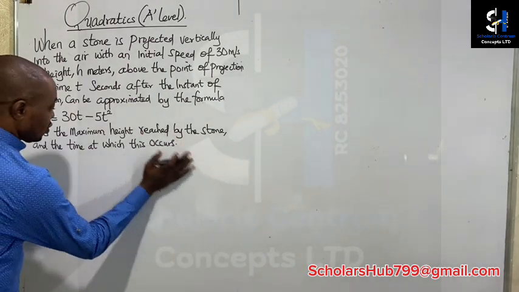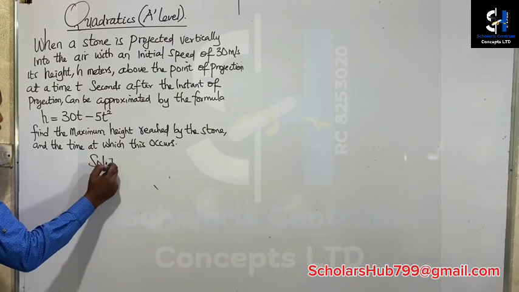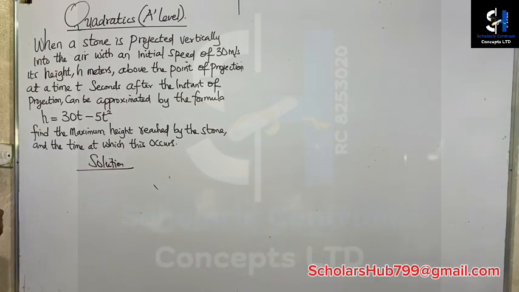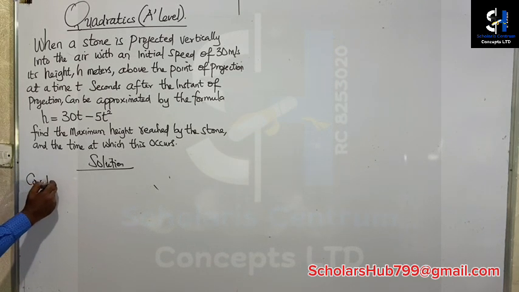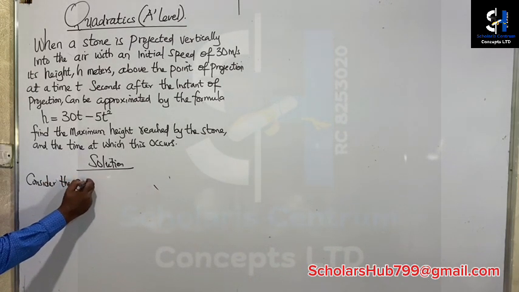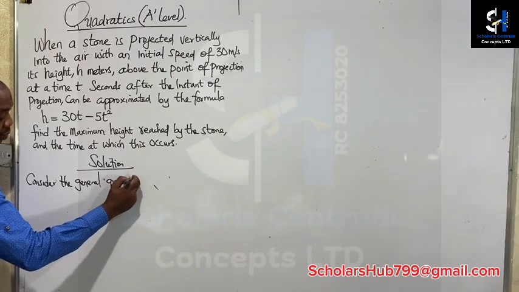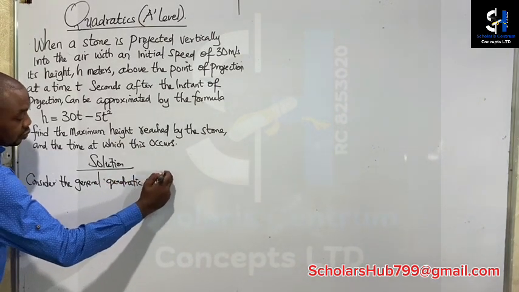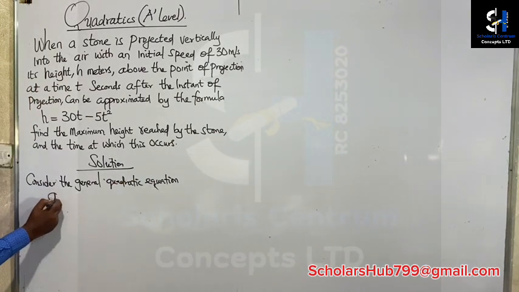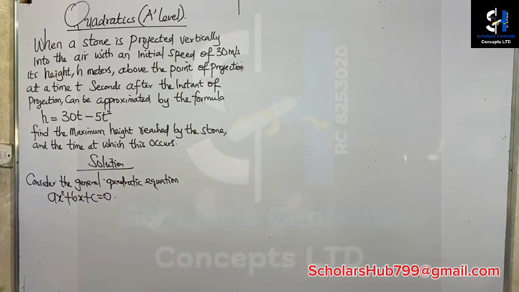Like I said, when we talk about maxima and minima problems in quadratics, let's consider the general quadratic equation, which we know to be ax squared plus bx plus c equals 0.